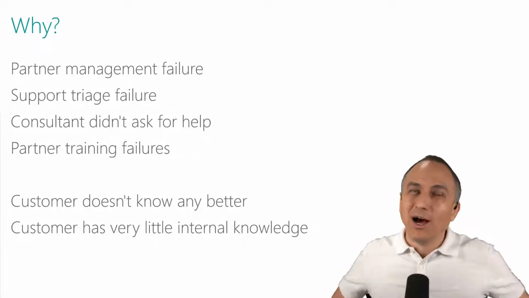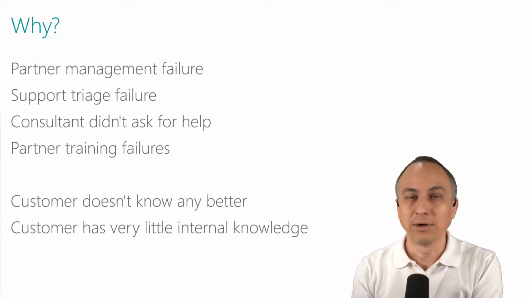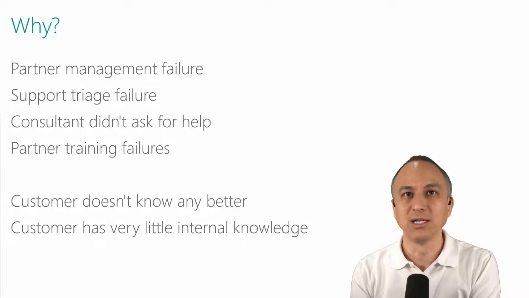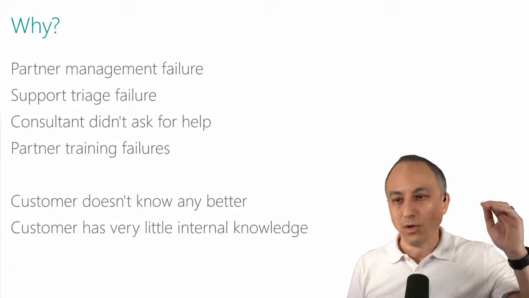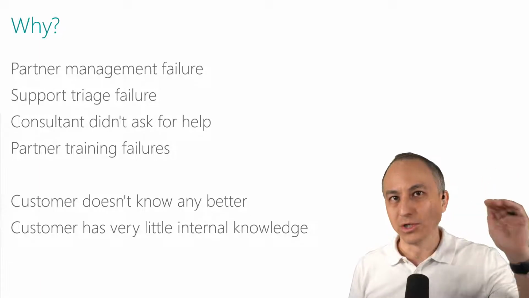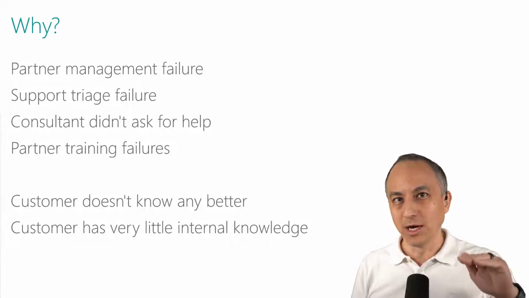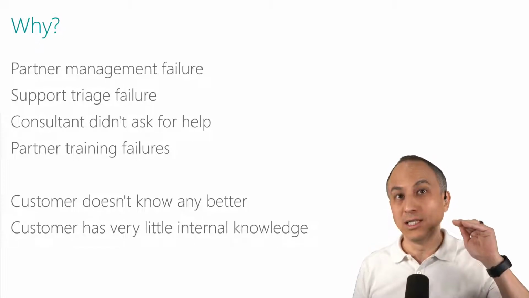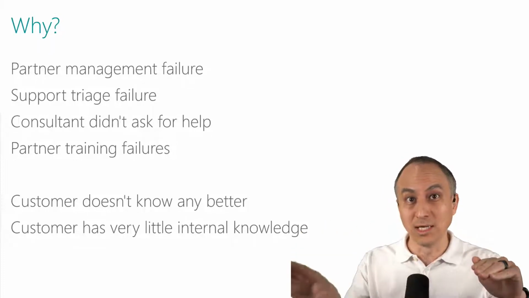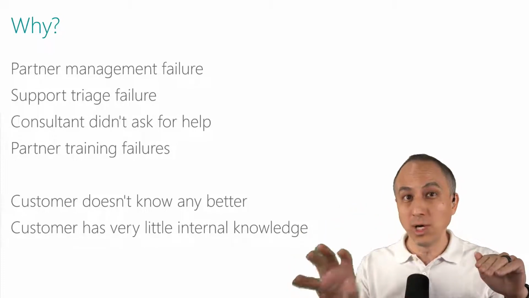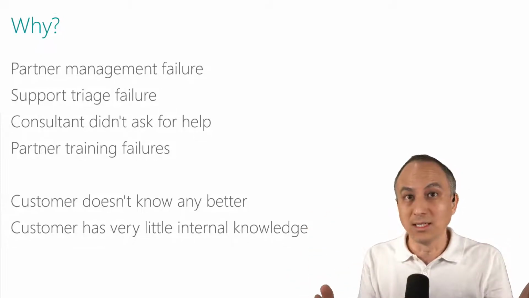So I'm wondering, how did these things happen? In the case of the partner, I can only assume there are significant partner management failures going on, right? So something is happening where they're structuring their organization where there's a support triage failure that is resulting in this case being assigned to a consultant who doesn't even work with this ERP application, has no knowledge of it, and they're being asked to field this support case.